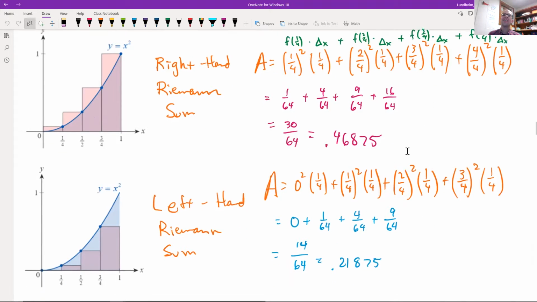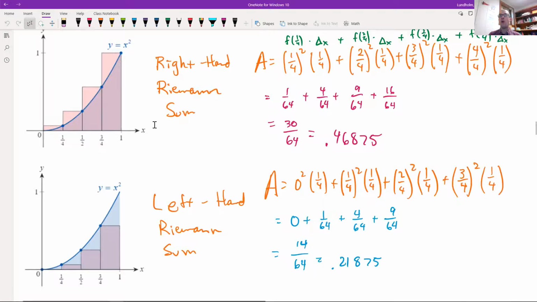here. And the right hand Riemann sum is an overestimate because we're always using the right hand, and this is an increasing function. So our rectangles are taller than the function there. For the left hand Riemann sum, we're using the left endpoint of each interval to determine the height. And since this is an increasing function, we're getting an underestimate for the left hand Riemann sum.